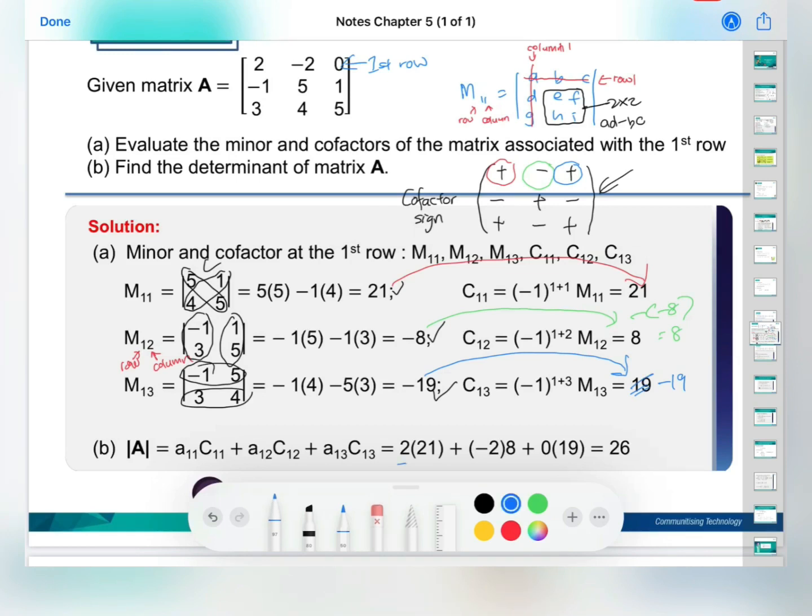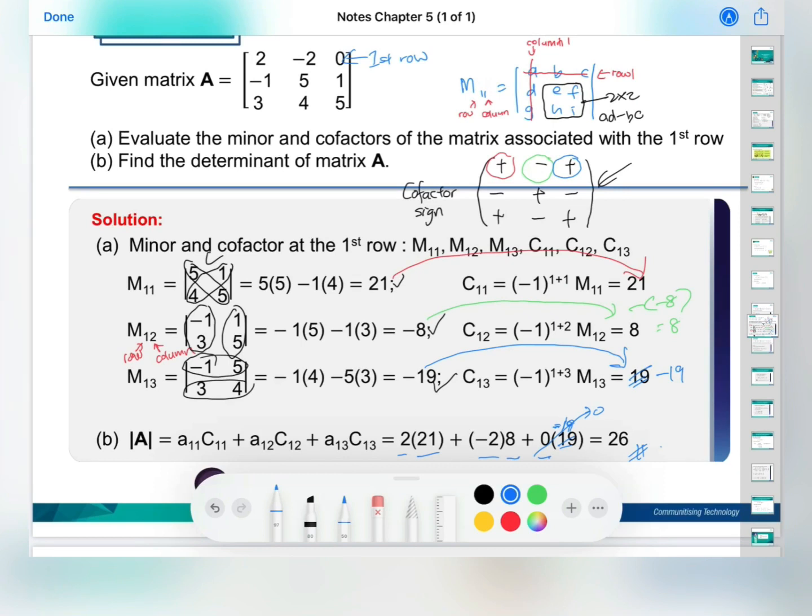A12 is negative 2, so negative 2 times 8. And A13 is 0, so 0 times, actually this is negative 19, but it doesn't matter, the answer will still be the same because times 0 it will become 0.